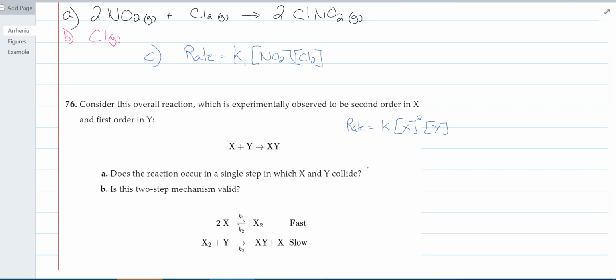And if that's true, the slow step would be X plus Y going to XY.